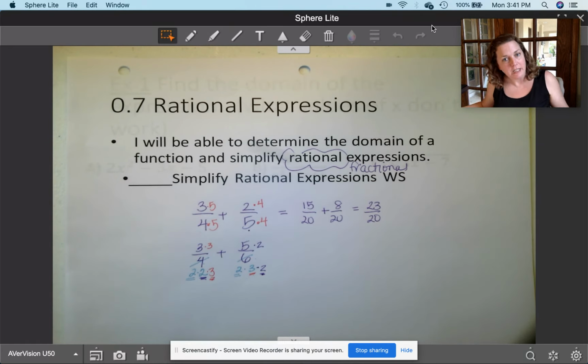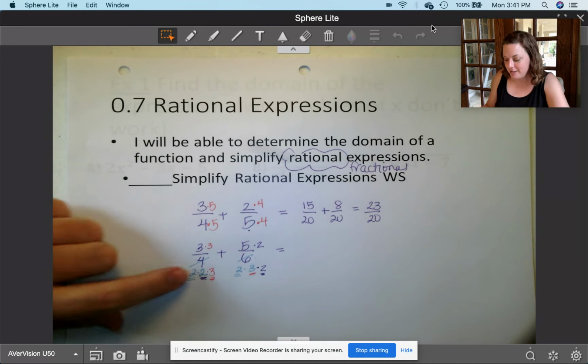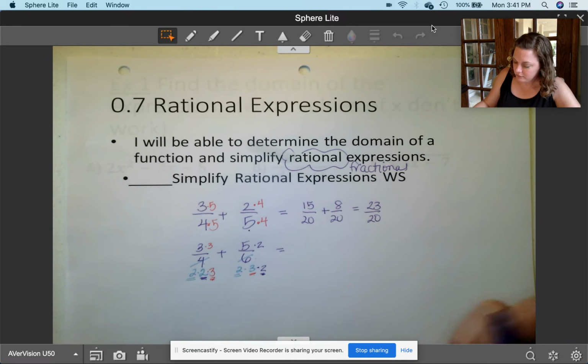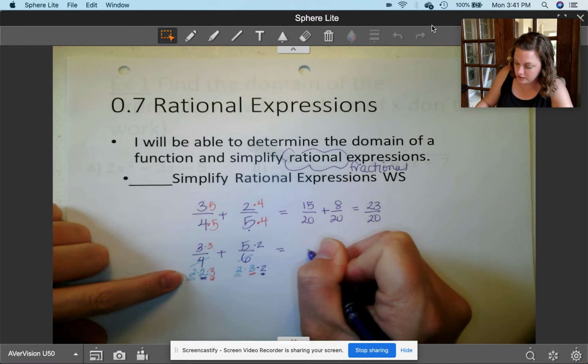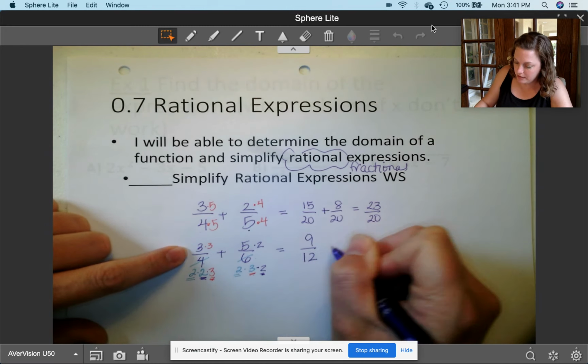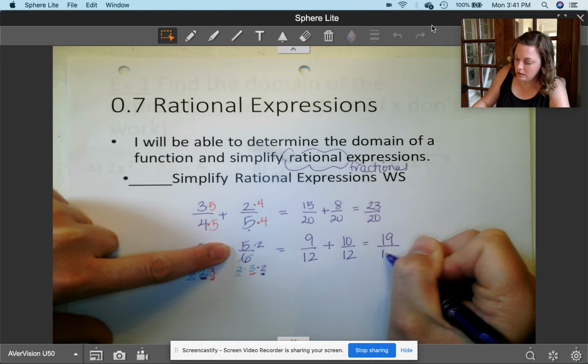So those are factors, 2 things that multiply together to give you what you want. And so it turns out that 4 times 3, the denominator, happens to be 12. So that becomes 9/12 plus 10/12, or 19/12.